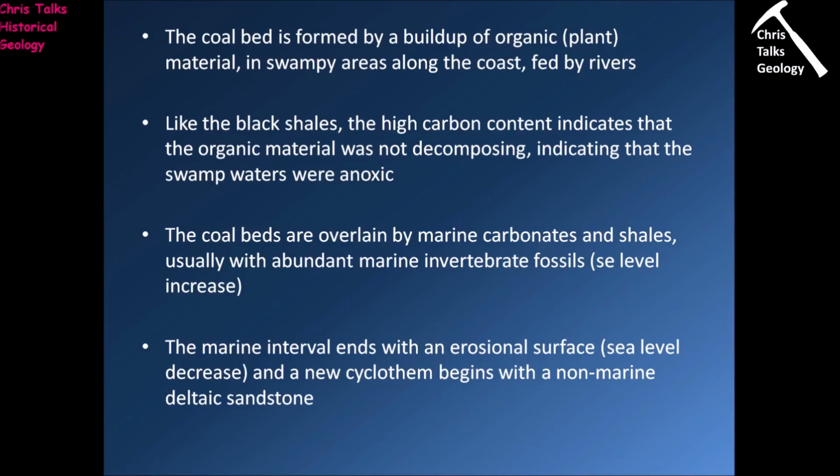There's so much organic material going in that the decomposing organisms in the water begin to decompose the organic material, but they very quickly use up what oxygen there is in the water, and so eventually the water becomes anoxic, oxygen free. This means later on any organic material that falls in will not decompose, and so you end up building up a big thick layer of organic material in the bottom of your lagoon, and this layer of organic material will be liquefied and turned into coal.